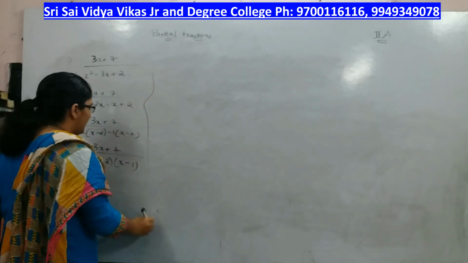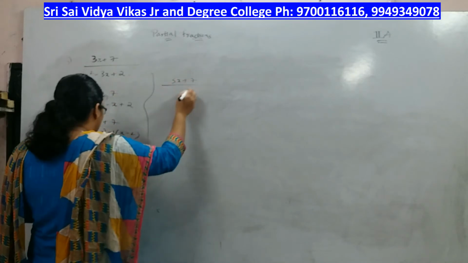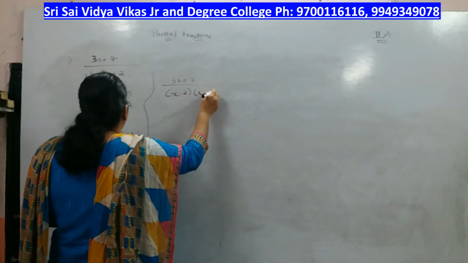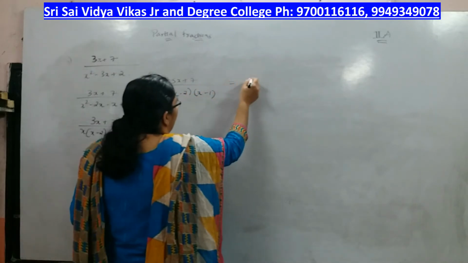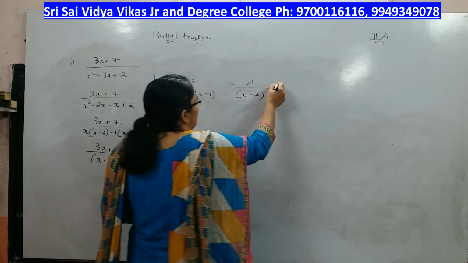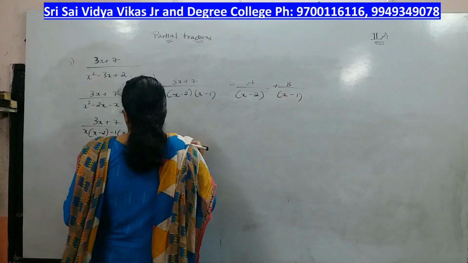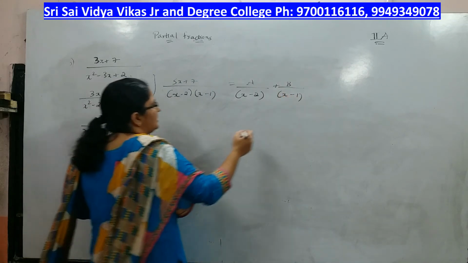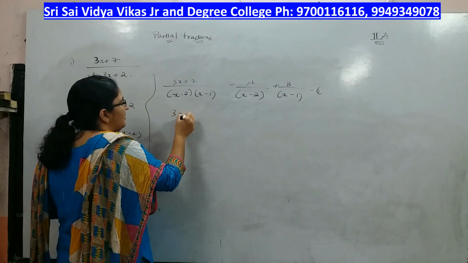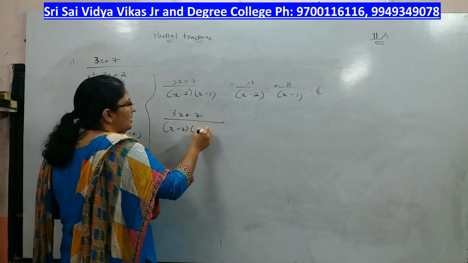Now this can be split into fractions. 3x plus 7 by x minus 2 into x minus 1 is nothing but a by x minus 2 plus b by x minus 1. Call this as equation 1. 3x plus 7 by x minus 2 into x minus 1.